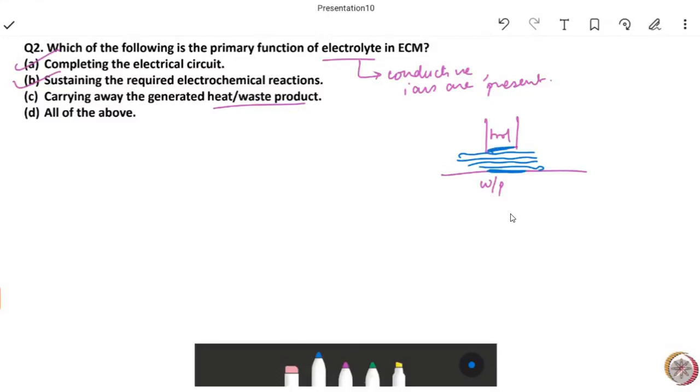Waste product here means the debris, the material that is removed, or the corrosion products found here. They need to be liberated from the workpiece surface, and that is done by the flow of the electrolyte. So all of the above is the correct option.